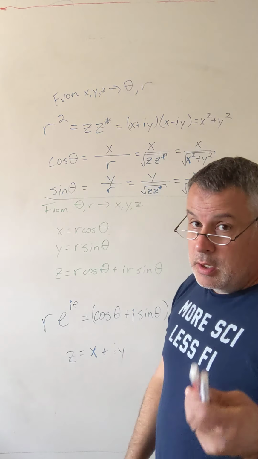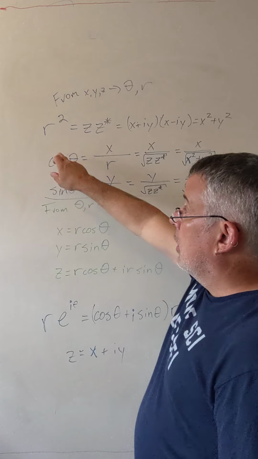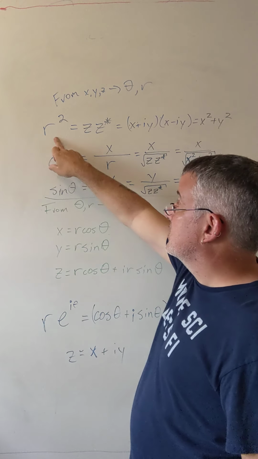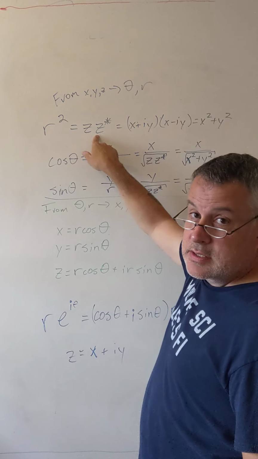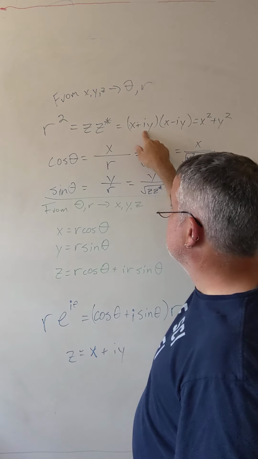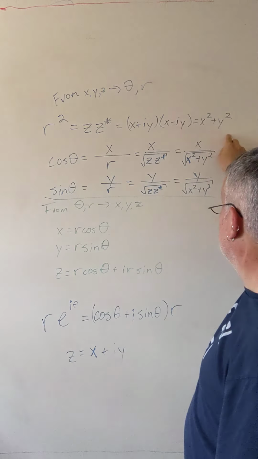Going the other way, we need a little bit of trig to get there. As we've already said, the radius of that circle that we were sitting on was z times its complex conjugate, z times z star, so that's x plus iy times x minus iy, or x squared plus y squared.